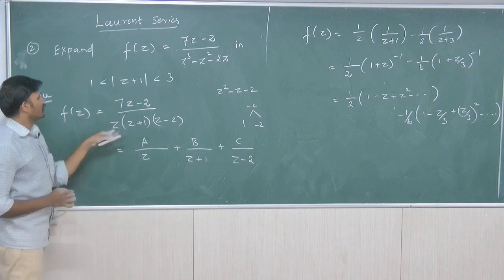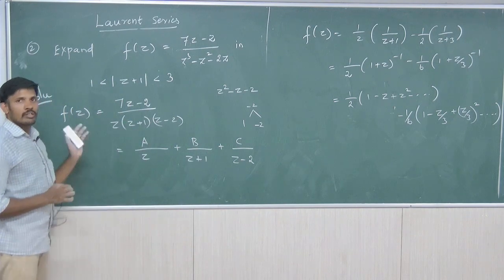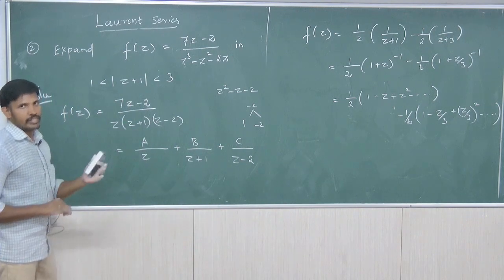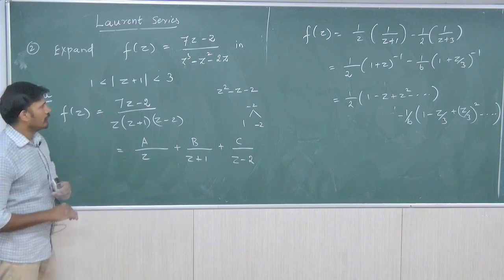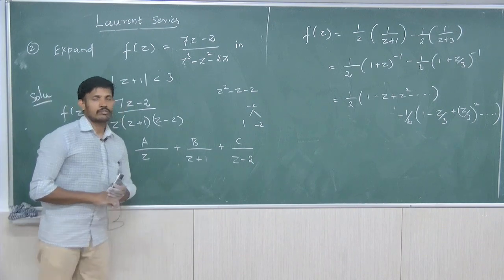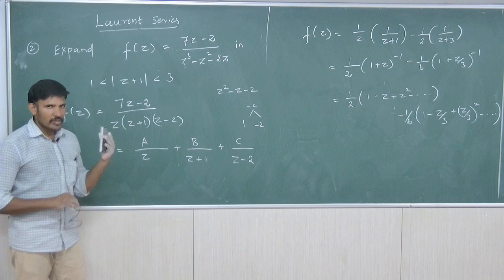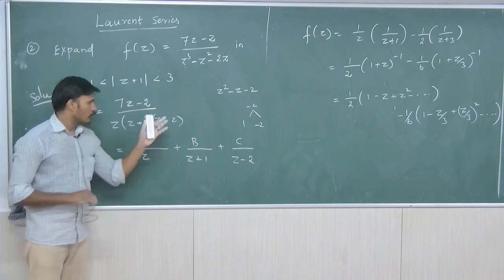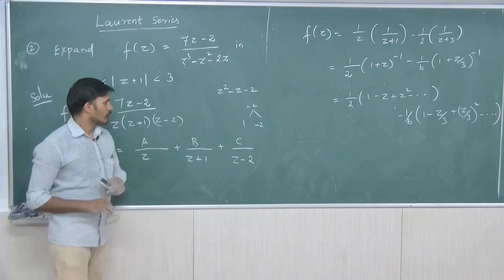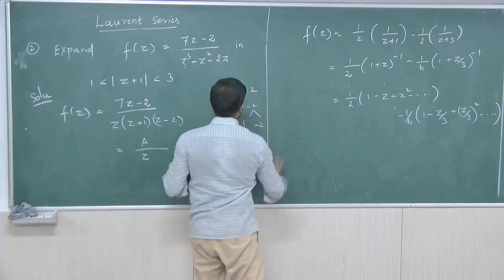So here these three factors are distinct, so you can apply the Heaviside method. By using the Heaviside method, it is very easy to identify A, B, C. Right? So what is the Heaviside method?